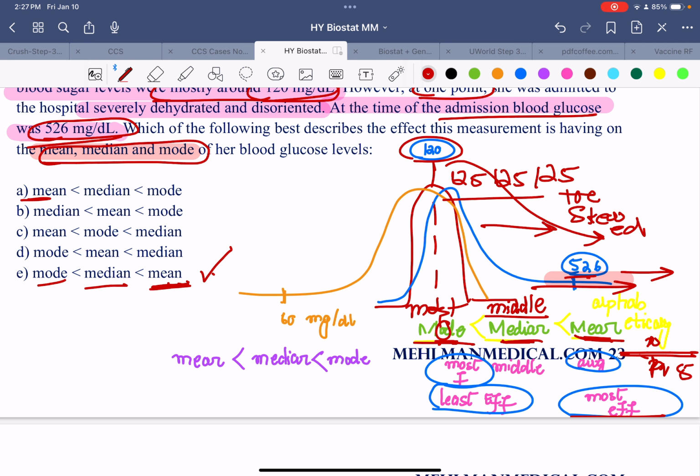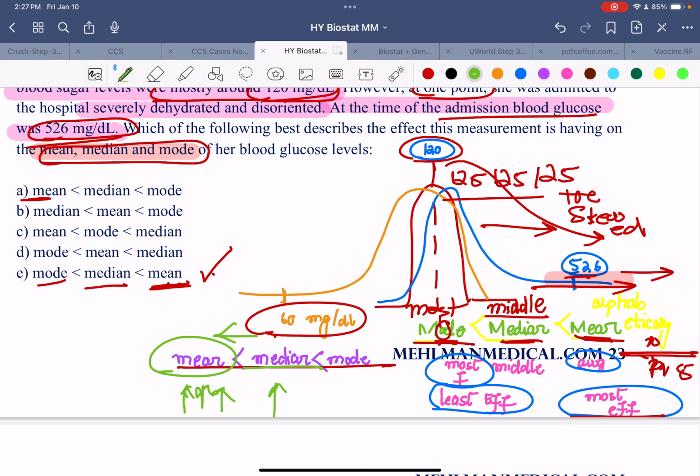But suppose there was an opposite situation in which they gave you one reading of 60 milligrams per deciliter, and now what will be the order? Now, which value will become the smallest? It's becoming affected, but it's going to the smaller side. Again, mean is skewed the most. Okay, let's give it 3 arrows. Median is skewed moderately, so let's give it 2 arrows, and mode, which is skewed the least, let's give it 1 arrow.